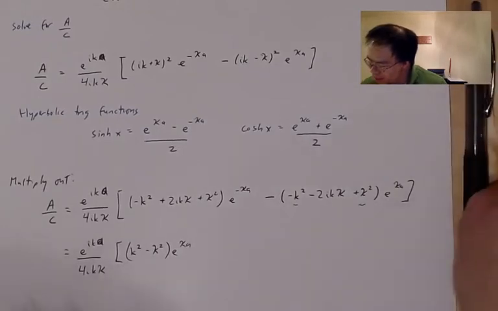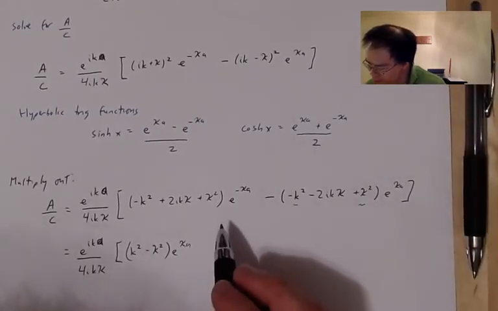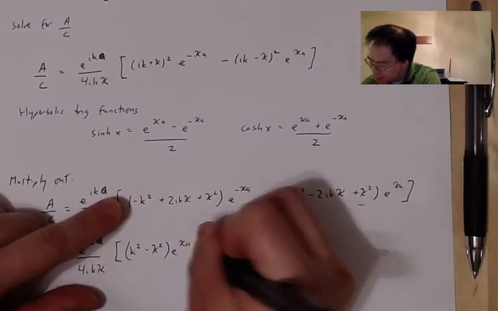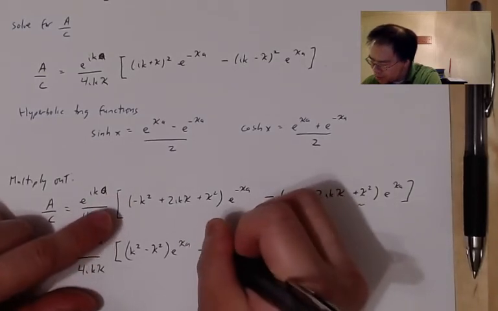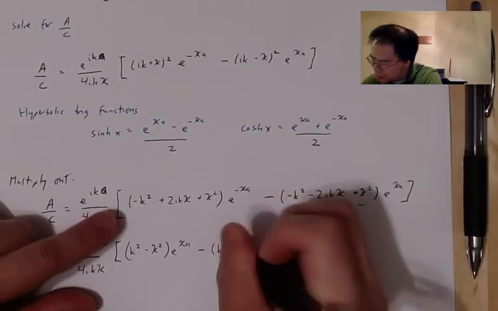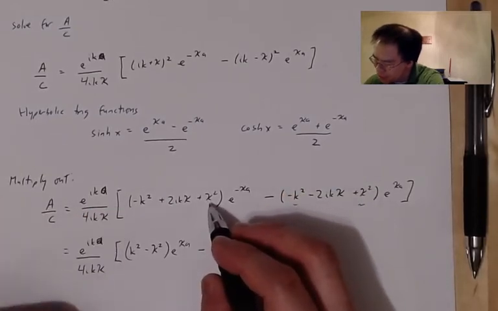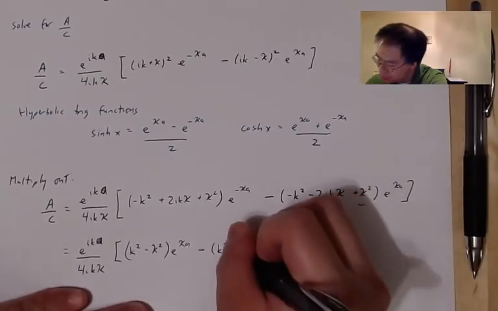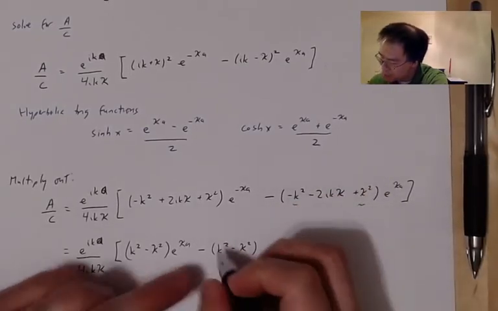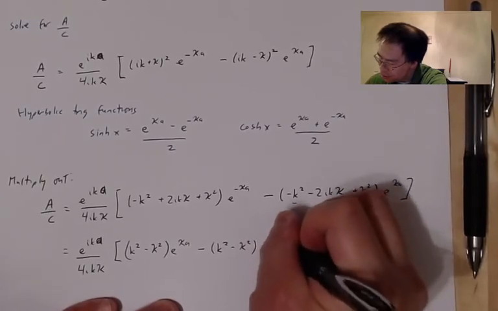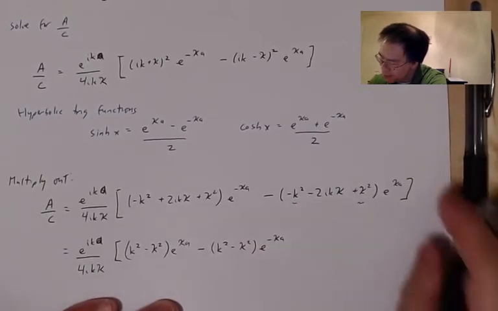And then we have here, so I'm going to do a minus here. I have a minus k squared, but up here is a positive kappa squared, so I'll have minus kappa squared there. So minus minus will be a plus e to the minus kappa a.